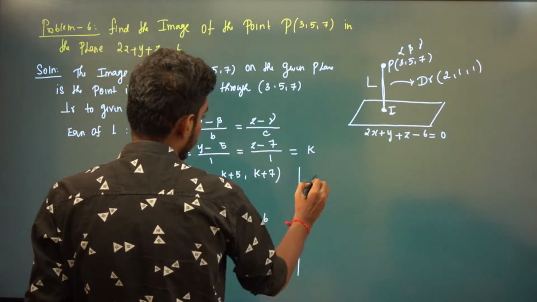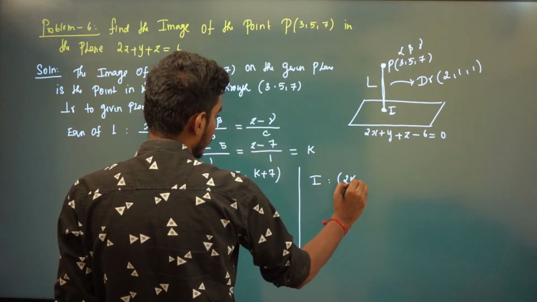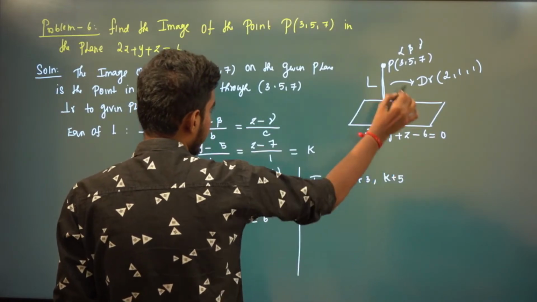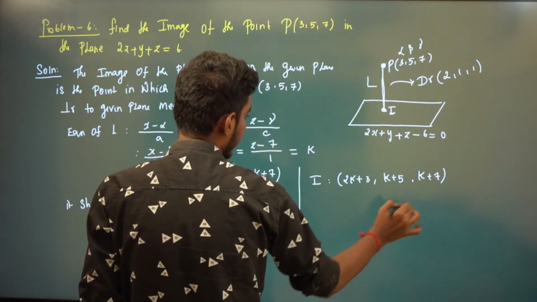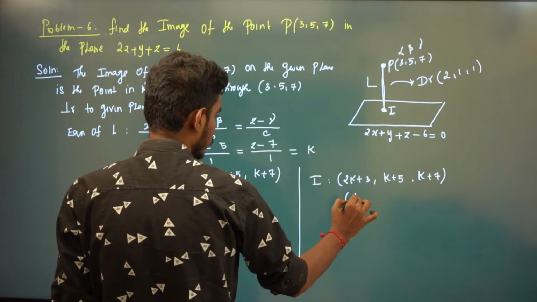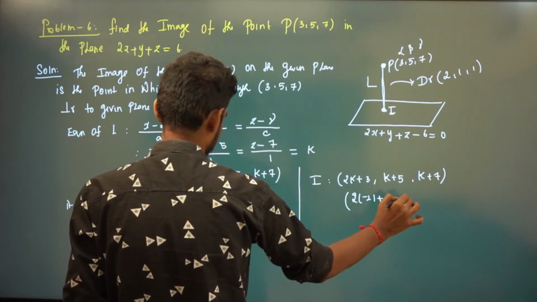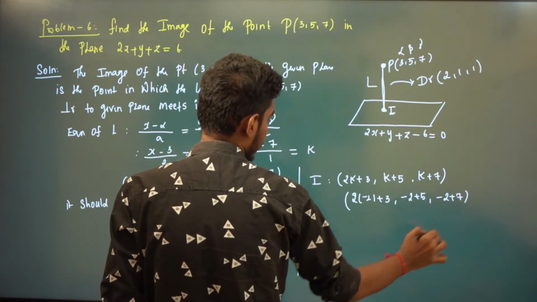Therefore, the point I, the image, is given by 2k plus 3, k plus 5, k plus 7. Just look at the diagram. So k is minus 2. So 2 into minus 2 plus 3, minus 2 plus 5, minus 2 plus 7.